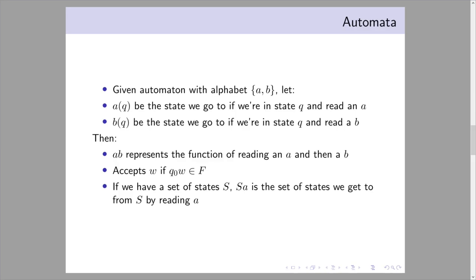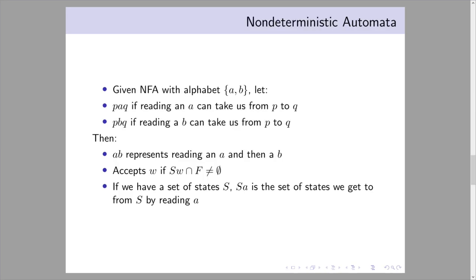And it's really useful, and with this notation really easy, to talk about the result of if we start off in one of a particular set of states and read a particular character, what's the set of possible states that we could wind up in after reading that character? And what's really nice is that this notation naturally generalizes to the non-deterministic case.